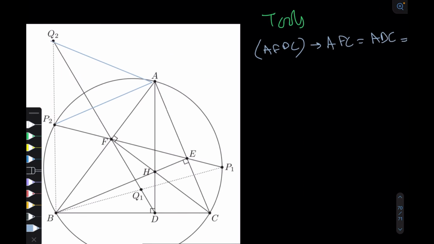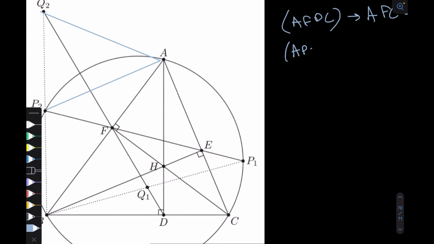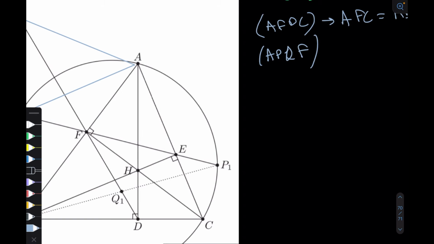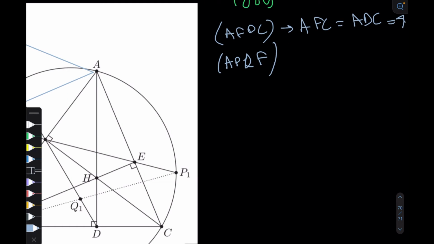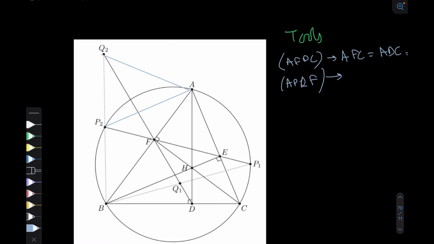In other words, it might be true that APQF is in itself a cyclic quadrilateral, and I don't have the proof for this yet, that we will try to work out, but this is potentially something that we can use, because we can see that these points Q2 P2 are kind of isolated, and we need to make use of this inner orthic triangle. So this is another tool.